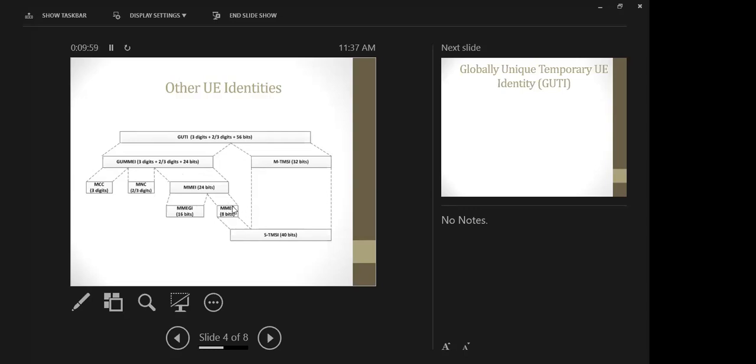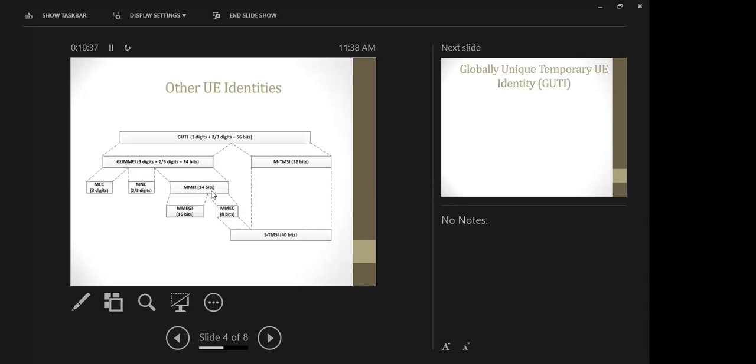Here, this MMEC is the identity of the MME itself. Every MME has an identity like that, but there's a prefix which is its group number. If you have, say, 3 different groups, the groups will have different numbers in here. This is how all the MMEs in the network will have a unique MMEI.